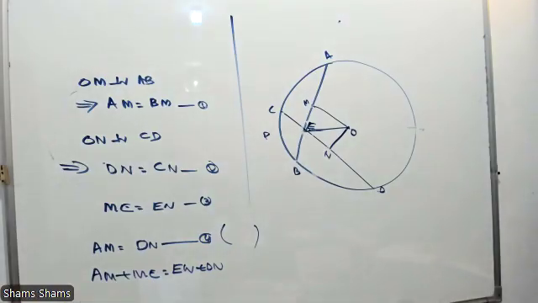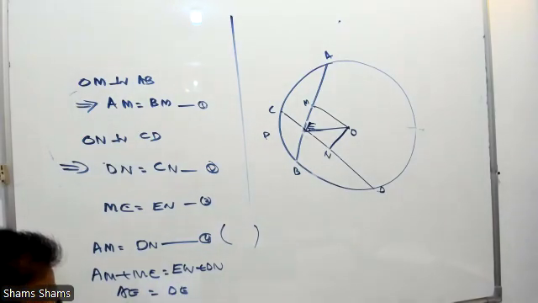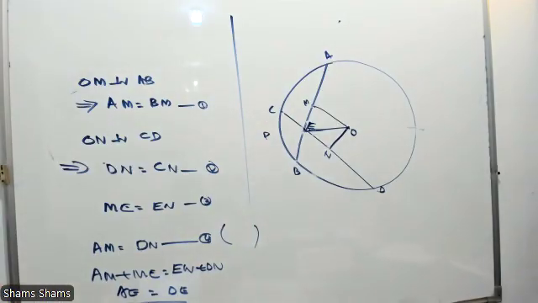AM plus ME is AE, and EN plus DN is DE, so AE equals DE. This proves the first part.